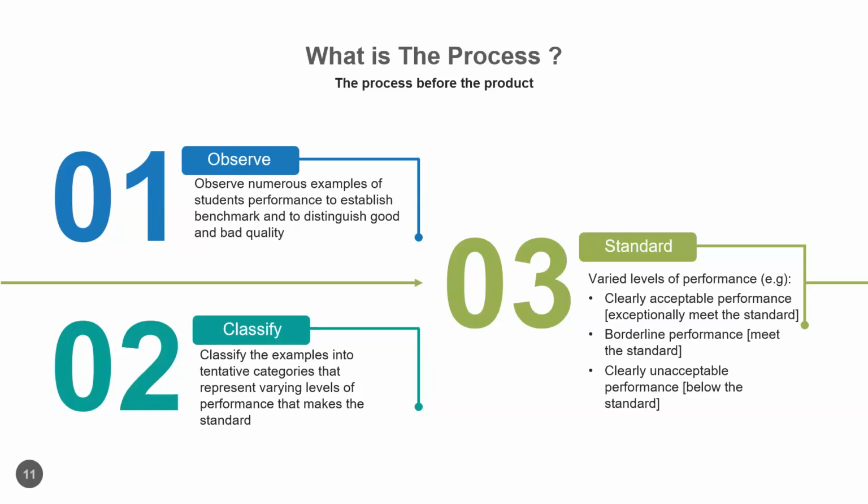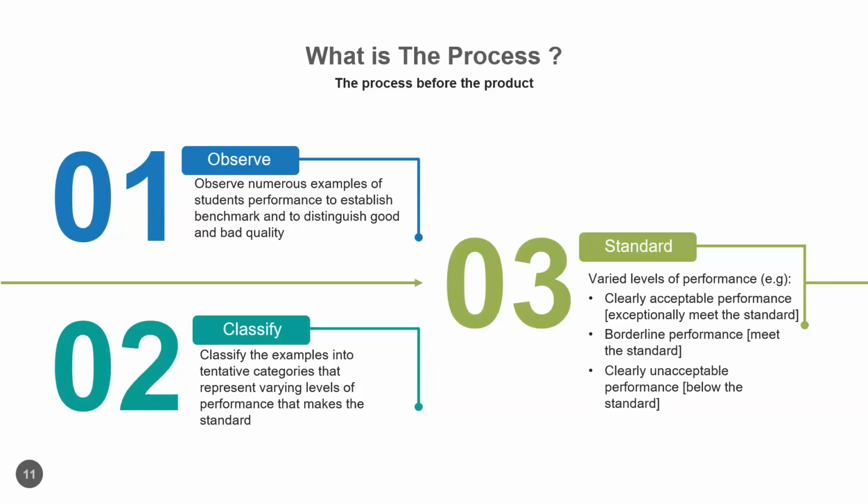That will be the main arrangement. But of course, the scale could be 3, could be 5, could be 7. That's up to you. So you classify the examples into sensitive categories that represent varying levels of performance. That's what I mean by below standard, meeting the standard, and exceptionally high.